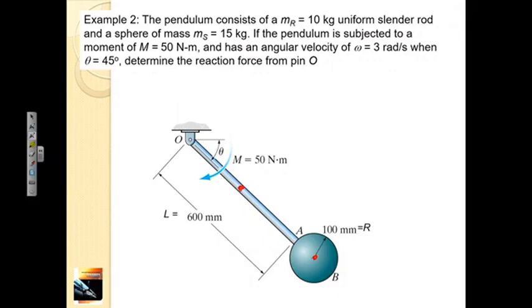My rod is 600 millimeters, so this distance is 0.3 meters. And my sphere is 600 millimeters plus an extra 100 millimeters for the radius of the sphere. So this is 0.7 meters.